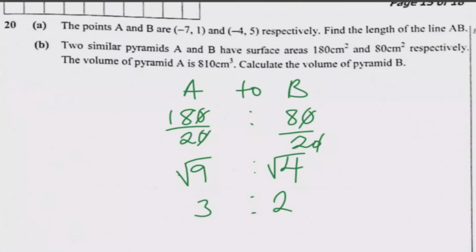Now, what is the ratio of their volumes? When you're calculating the volume, we multiply 3 quantities.